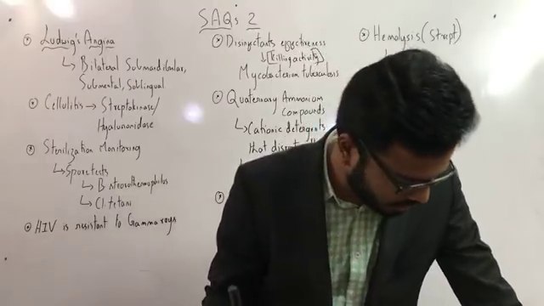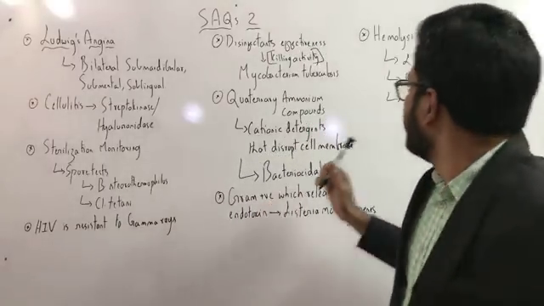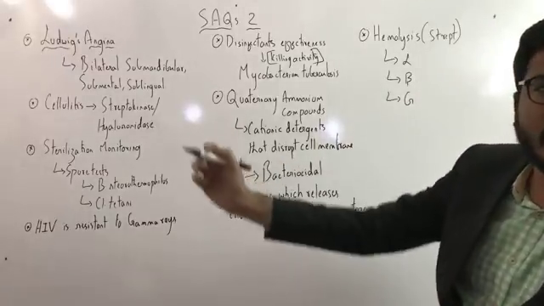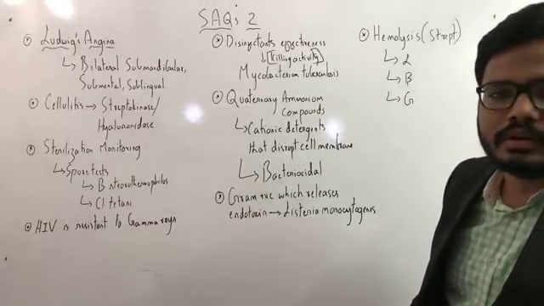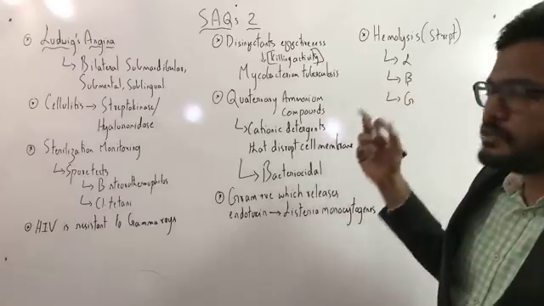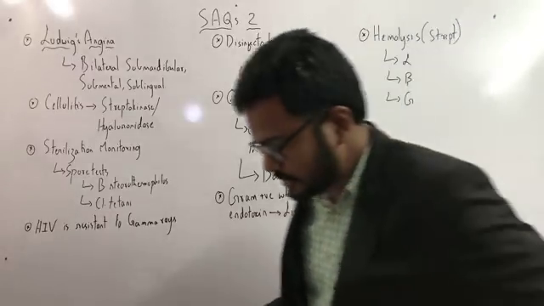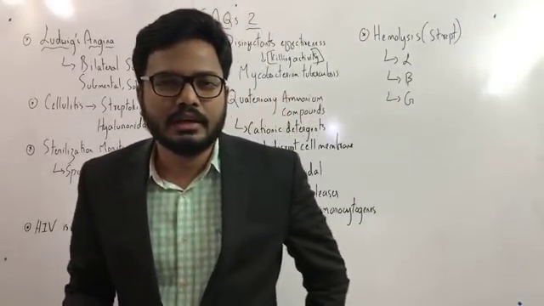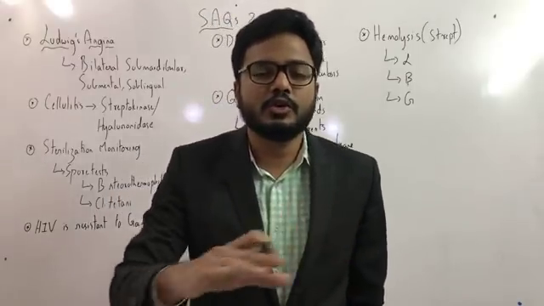Now, if you can broadly look into these categories, you have alpha hemolysis, beta and gamma hemolysis. So how do you remember? One category is partial hemolysis, the other category is complete hemolysis, whereas one category among them shows no hemolysis.